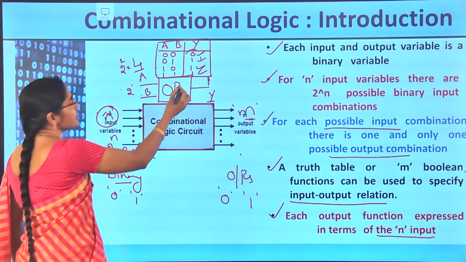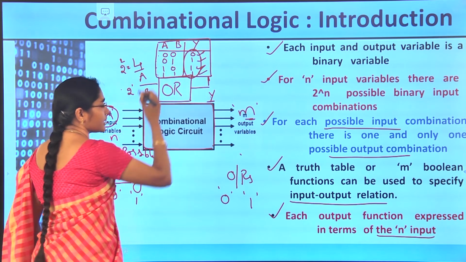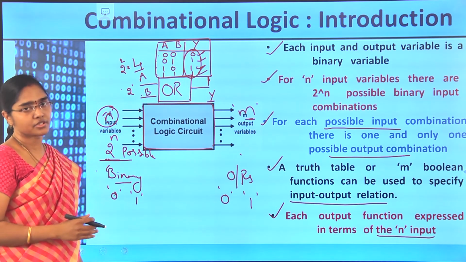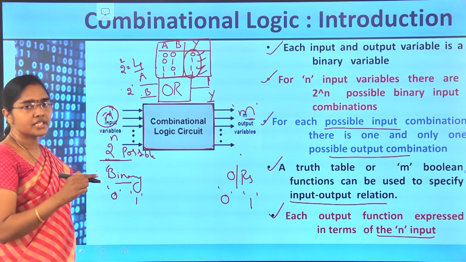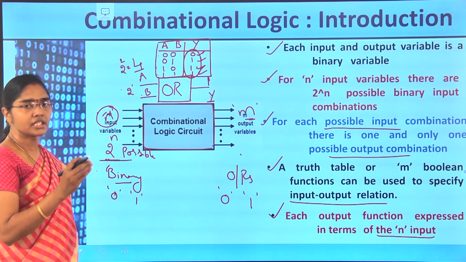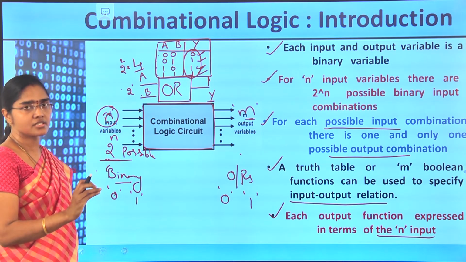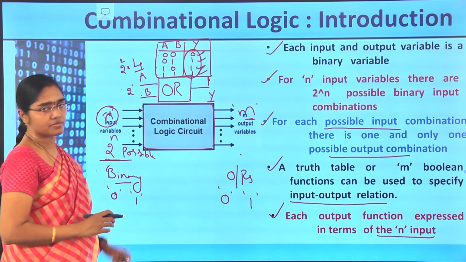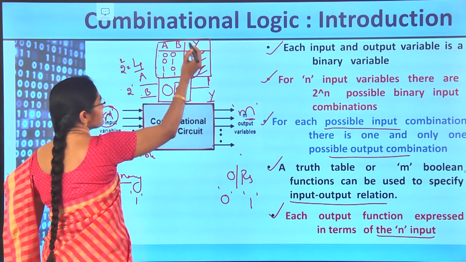Each combination has only one value for the output. This output can be represented as a Boolean expression with product terms of n min terms. What is the expression for this y?